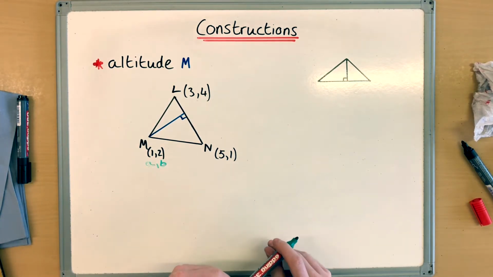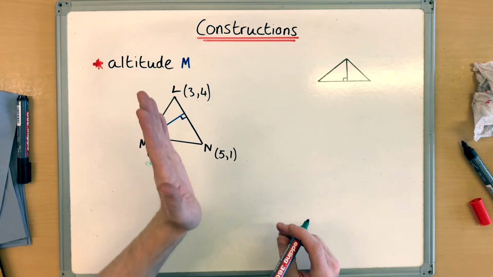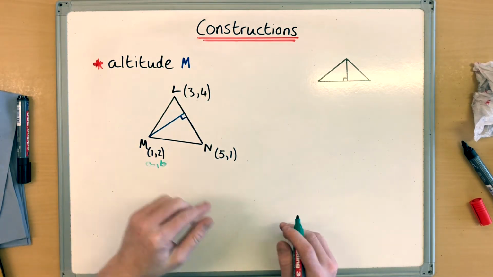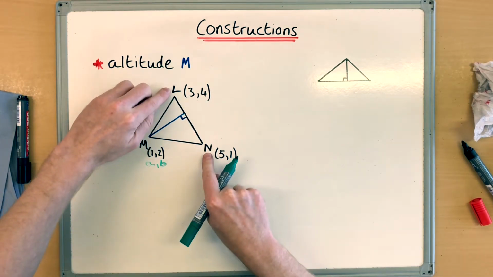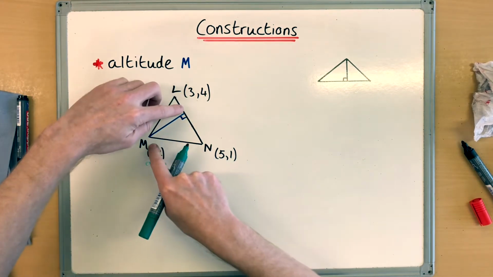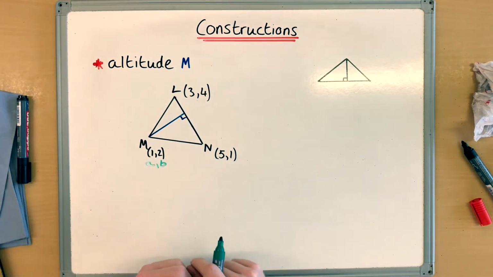And what I need is the gradient. Now, what do I know about the gradient? Well, it goes at 90 degrees to LN. So I'm going to start by finding the gradient of LN. And once I've got that, I'm going to write down the perpendicular gradient to LN.